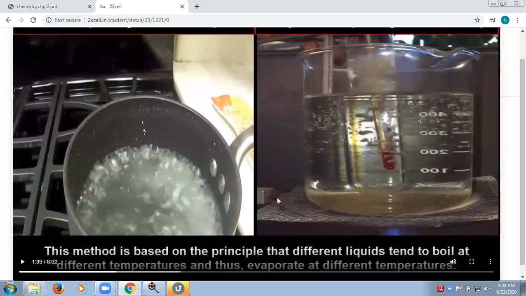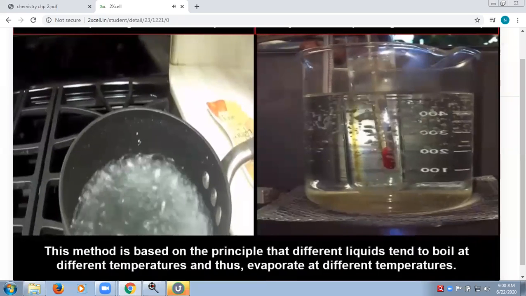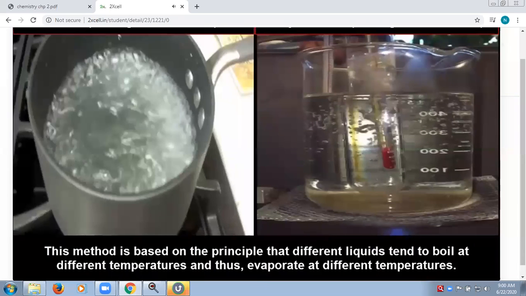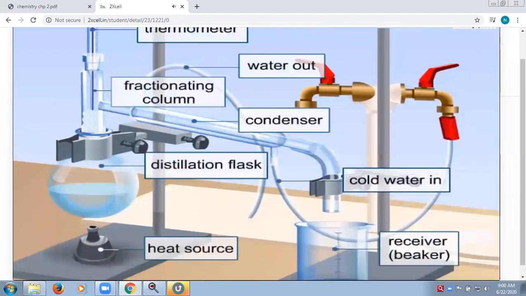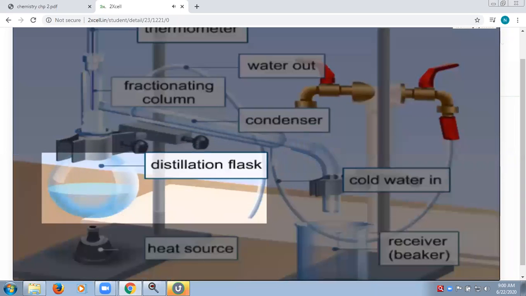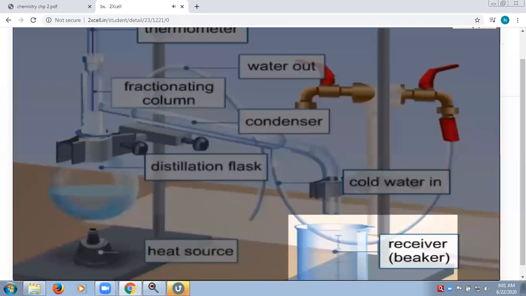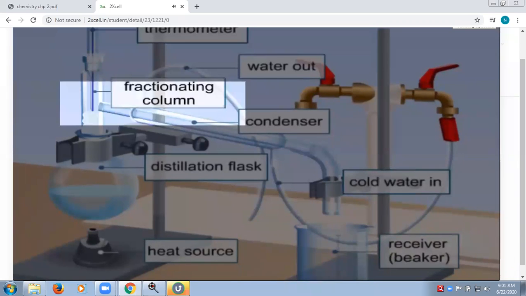Now that we have understood what fractional distillation is, let us go over the process involved in it. Just like in simple distillation, the apparatus used for fractional distillation involves a water condenser, a distillation flask, a receiver, a thermometer, and a heat source.